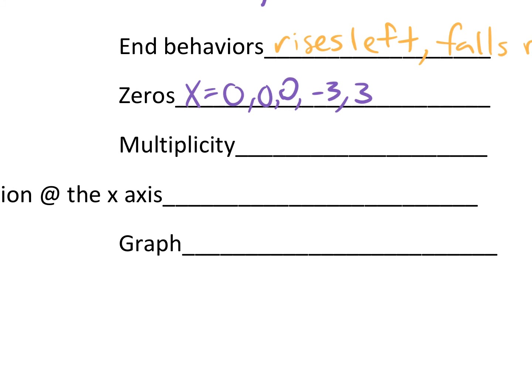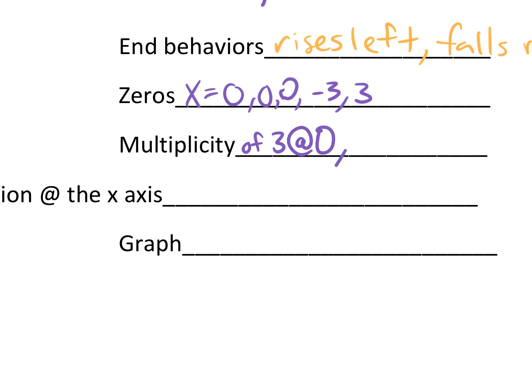So you don't have to list the repeats 3 times, but it'll help you with your multiplicity. So if you don't put it 3 times, make sure you say I have a multiplicity of 3 at 0, because I have 3 zeros. So if you don't list the repeats here, make sure that you're telling me that you know that there's 3 zeros.